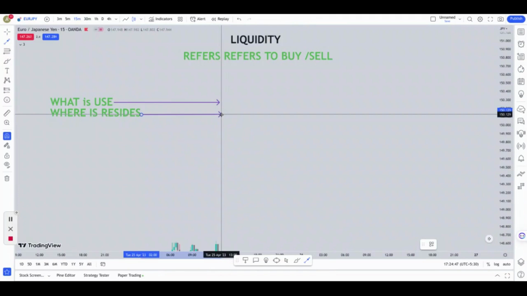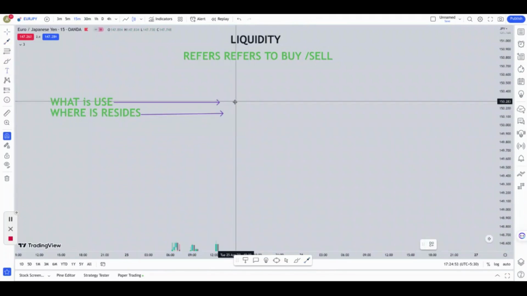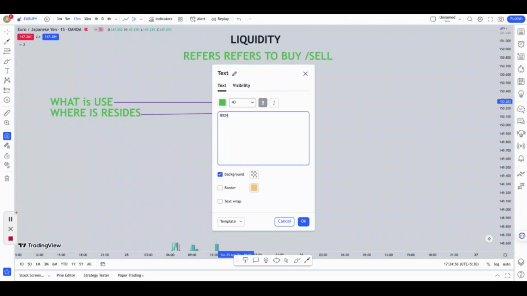Simply, it can be used for identifying key support and resistance levels, then for setting targets, and for understanding market makers, the big players who just target liquidity. Then identifying other traders' stop levels, where the stop losses of other people are.